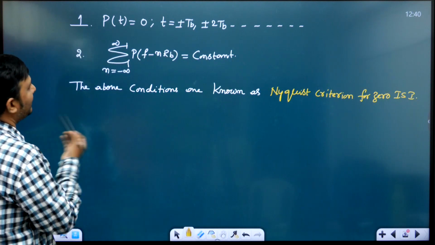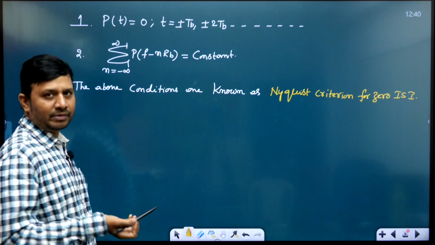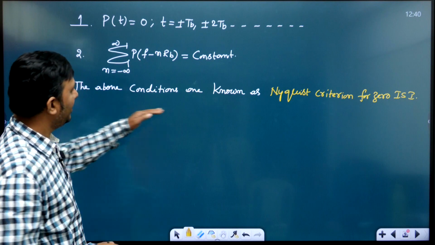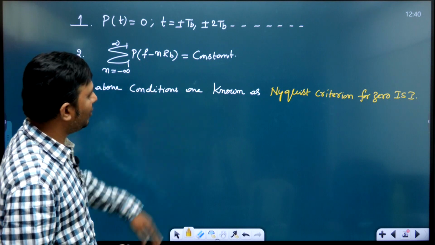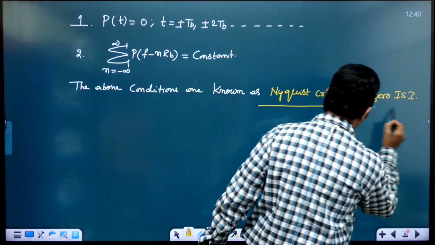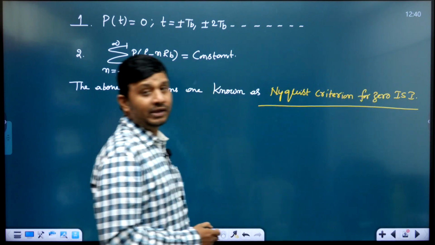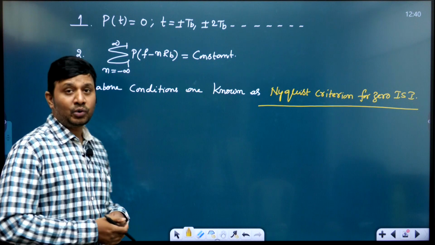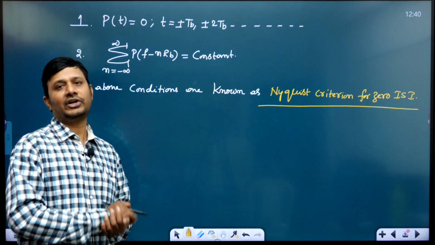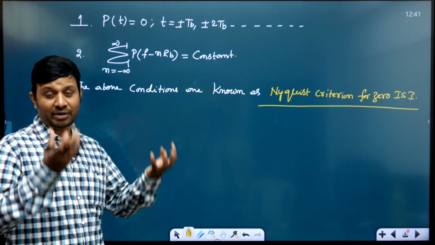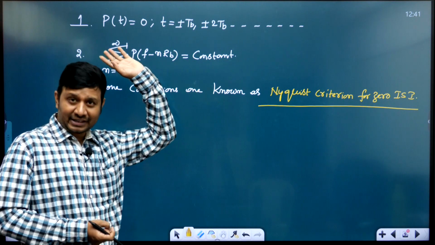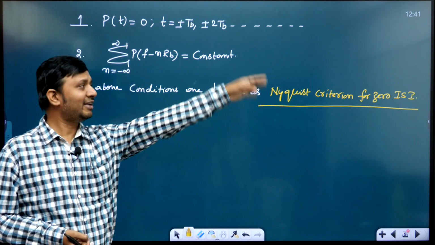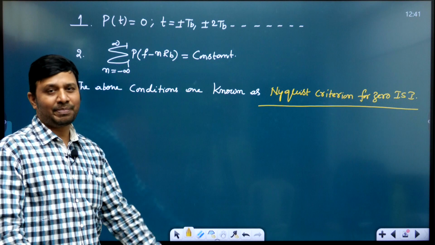So if a pulse satisfies these two conditions, it becomes a raised cosine pulse. In this way, we are going to discuss each and every topic in detail, from the roots. If you observe, we started with rectangular pulses and ended up with the raised cosine pulse.